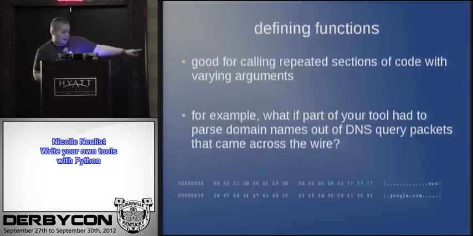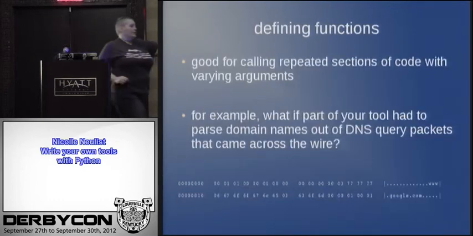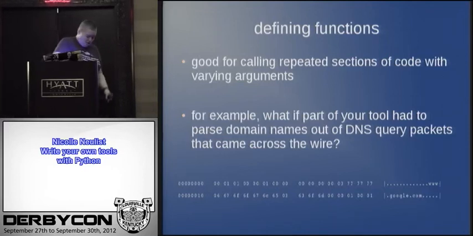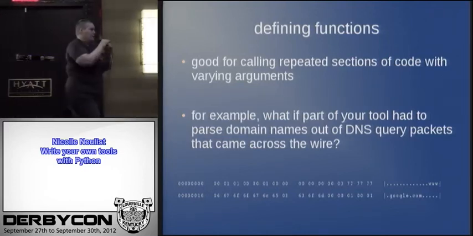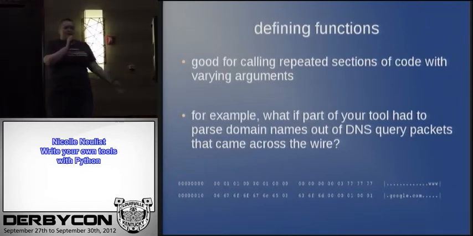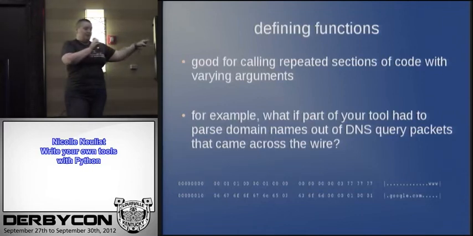Sorry, so I'm going back here. You've got 0, 0, 1, 1, etc. You don't care about that if you're just trying to parse the text of the string. You care where it says www.